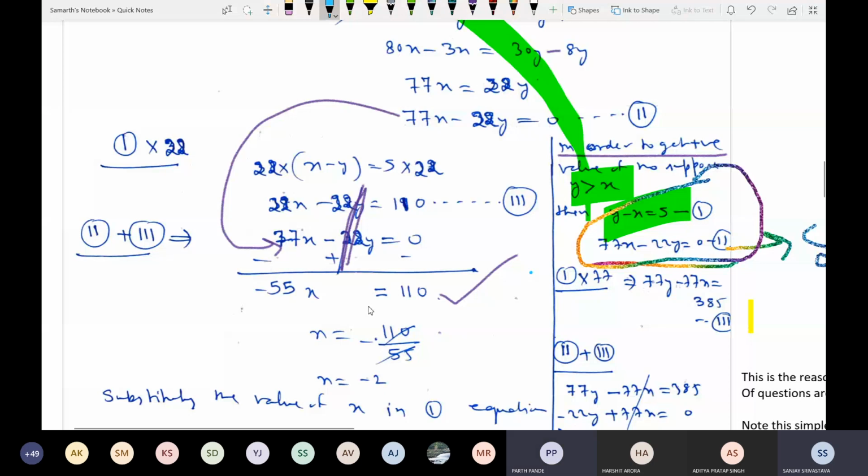Just tell me what is the important thing which I told just now, beta? So that in such questions, sir, we have to give both cases: one in which y is greater than x and one in which x is greater than y.